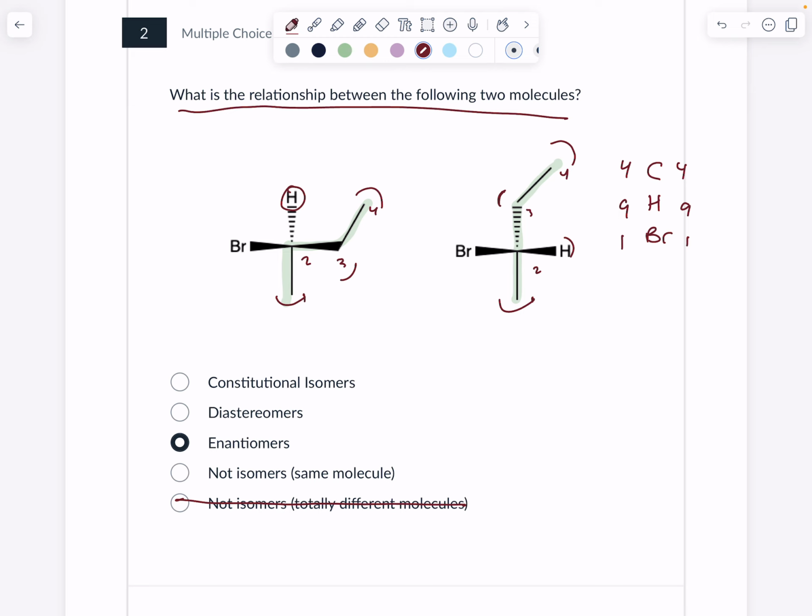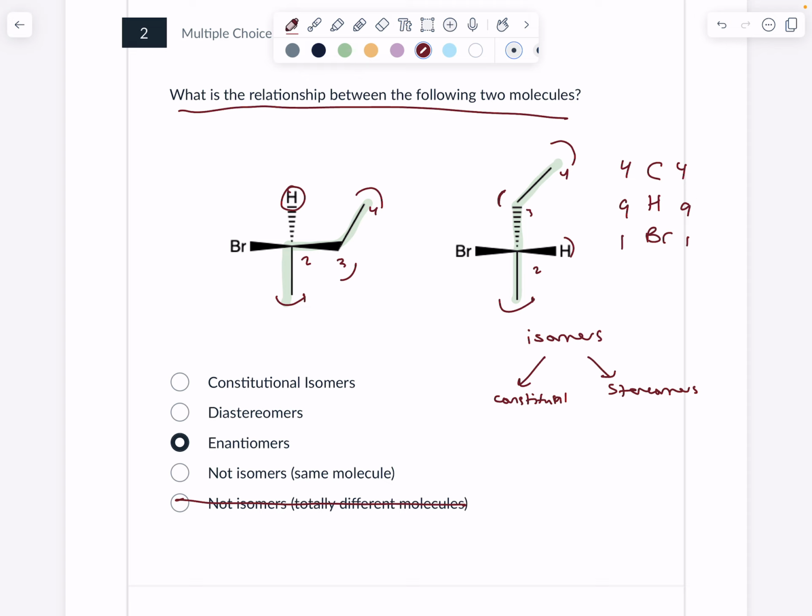When you're trying to tell, they have the same number of carbons and hydrogens, so they could be isomers, constitutional, which means they're attached completely differently, or stereoisomers. A quick way to tell is if they have the same parent name and you just specify like RS or cis-trans, then they're usually stereoisomers.